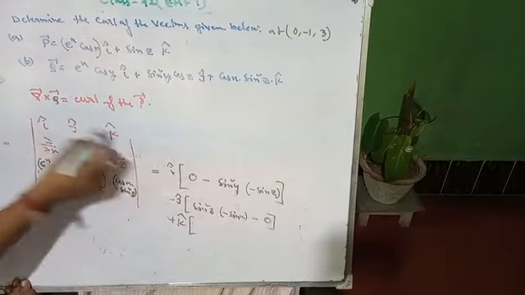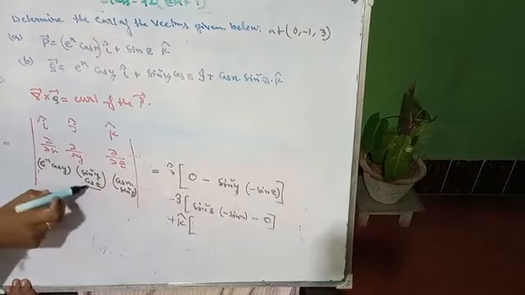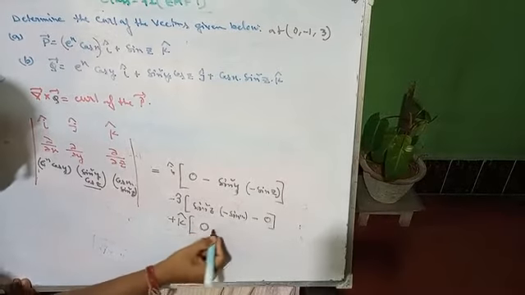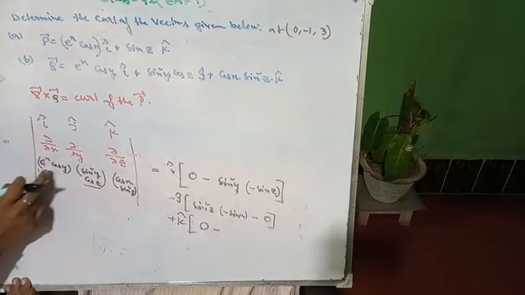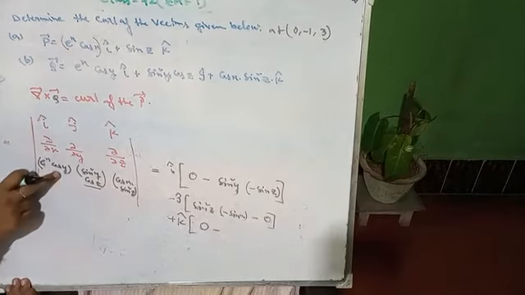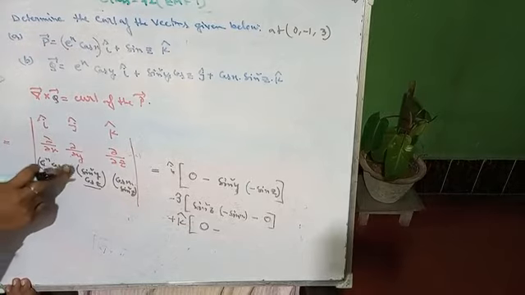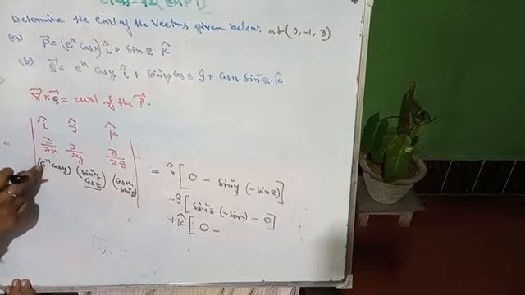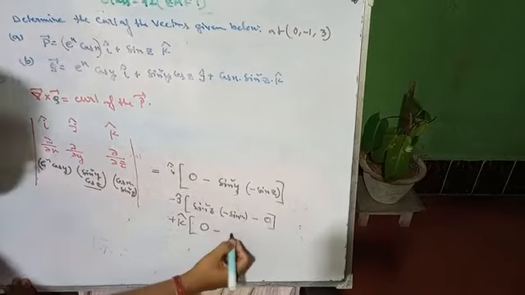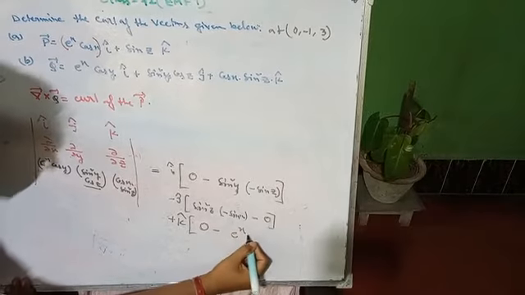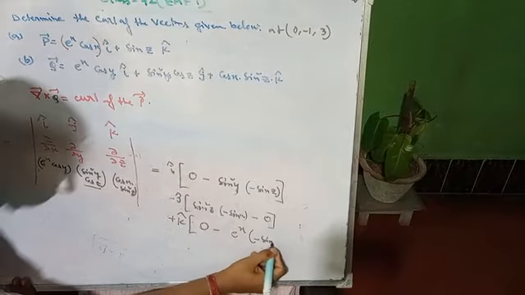This column and this row are eliminated now. Del x of this one, there is no x part, so it is directly 0, and del y of this one, only cos y is there, so taking e to the x outside, the derivative of cos y is minus sin y.